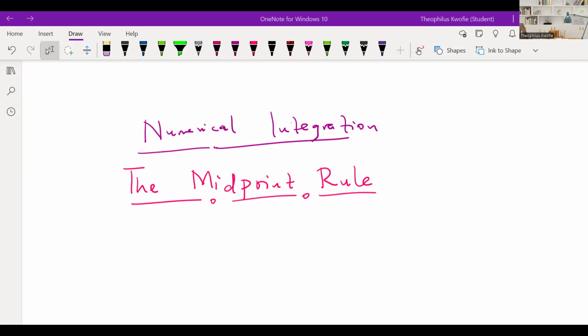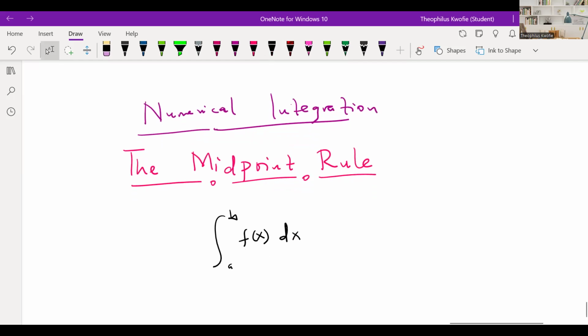So suppose that we are trying to find an approximate value for this particular definite integral. And as I mentioned, one of the reasons why we have numerical integration is that sometimes the antiderivative of the integrand, which in this case is f of x, is almost impossible or difficult to integrate or even to estimate directly.